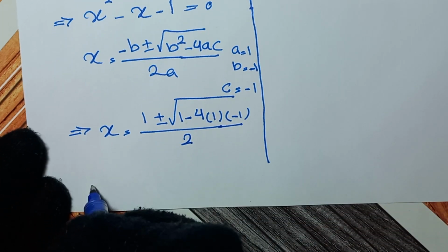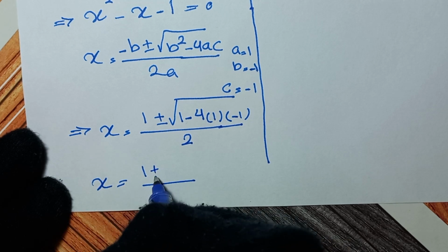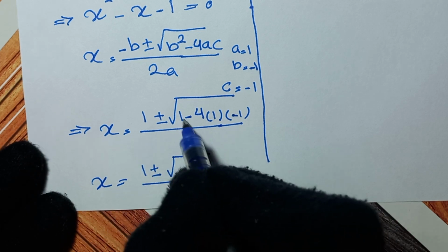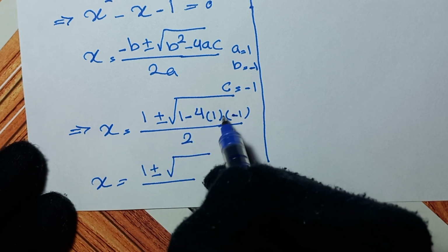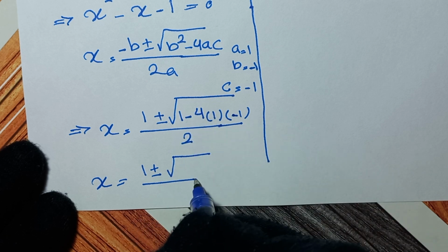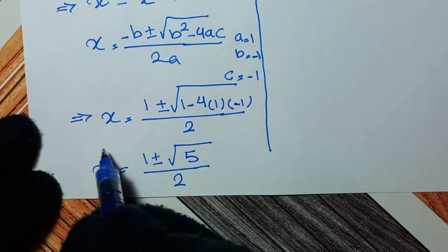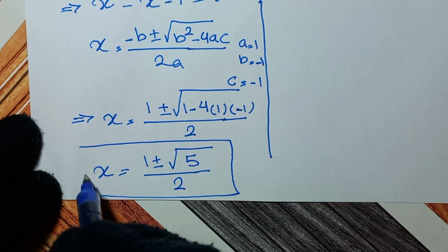And from here, x equals 1 plus or minus square root of, here, negative 4 times 1 times negative 1, it will be positive 4, and 1 plus 4 will be 5, right, over 2. So from here, we have two solutions for x.